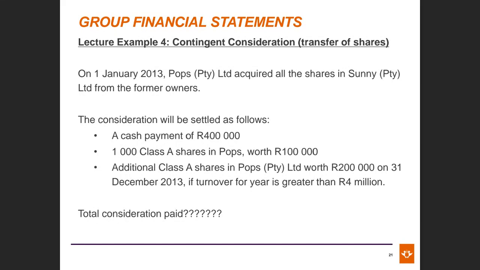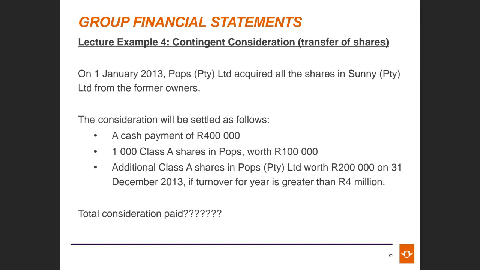There's a cash payment of 400,000 Rand. There's 1,000 Class A shares in Pop worth 100,000 Rand. There's additional Class A shares in Pop Pty Limited worth 200,000 Rand on 31 December 2013 if turnover for the year is greater than 4 million.